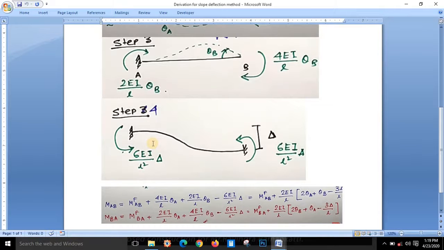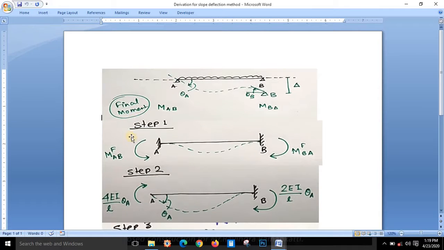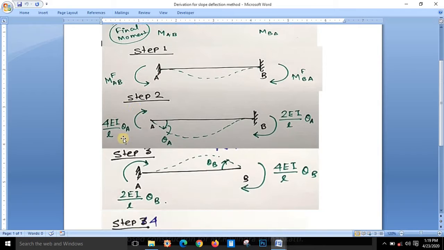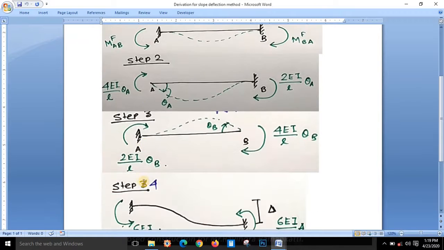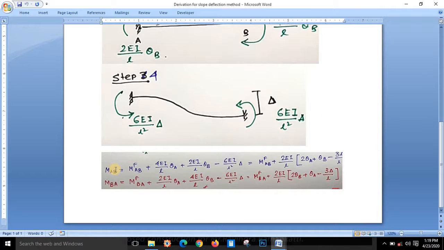Now you can observe one thing at point A: whatever movements and slopes we have got, I am going to add. So if I want to calculate the final moment MAB, MAB is equal to MFAB.